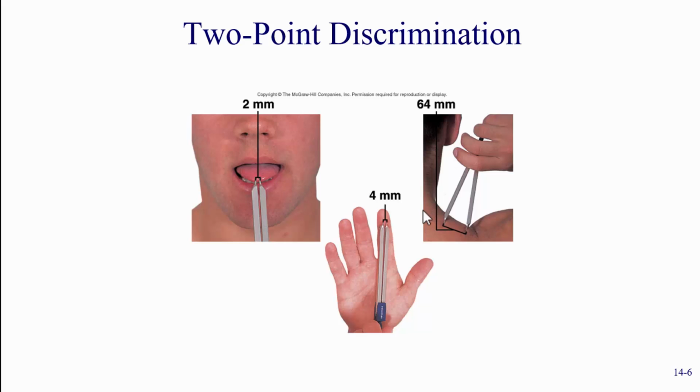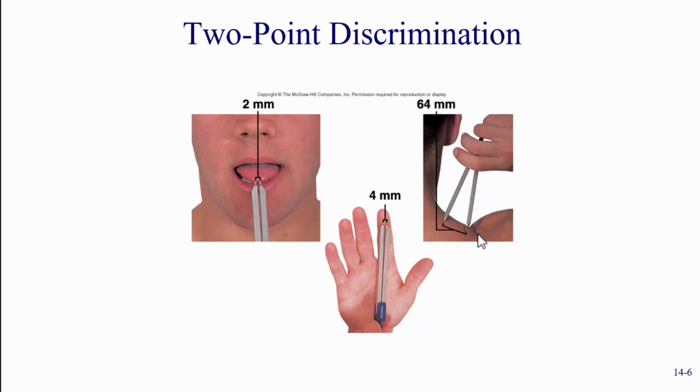But with a patient who you suspect might have some peripheral nerve damage, you can take these, separate them pretty wide, and ask the person, does it feel like I'm touching you with two things or one thing? And if they say two, then you bring it in a little closer. Test again. If it still feels like two, you bring it in again until it feels like you're just touching with one thing. And then you would measure that distance.